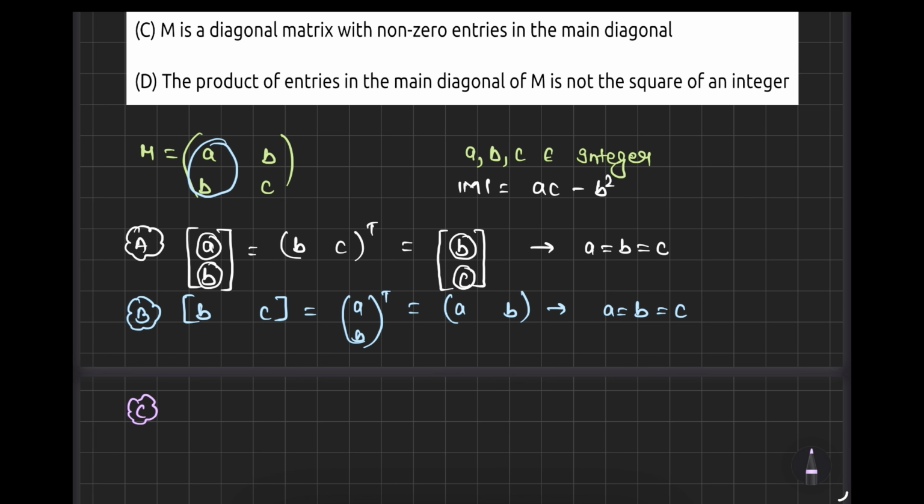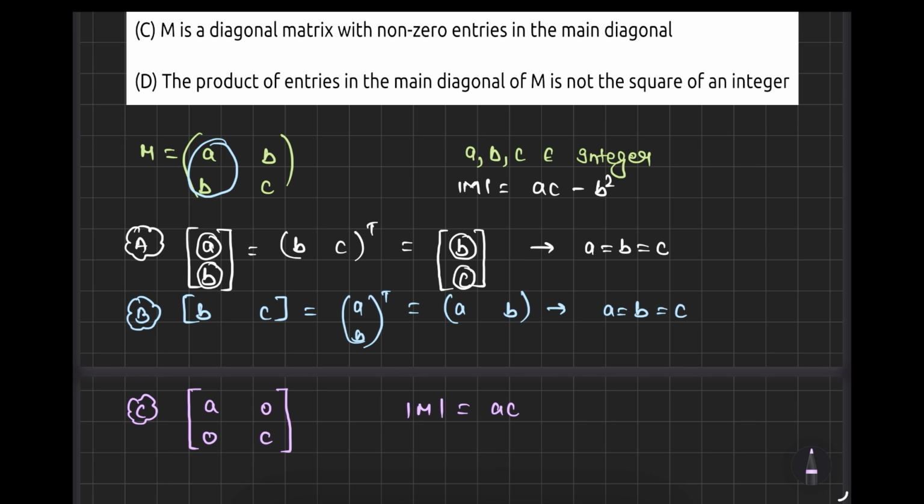If it is a diagonal matrix, this means what? It will have elements in the diagonal only, means A, C, and the remaining elements will become 0. Correct? And now look at this. M is a diagonal matrix with non-zero entries in the main diagonal. So this is the main diagonal, and here you cannot put zeros. So it will be A and C, both integers, where A and C cannot be 0. Correct?